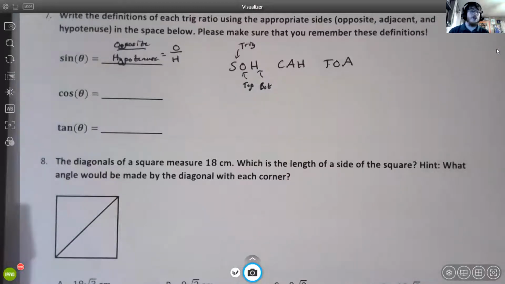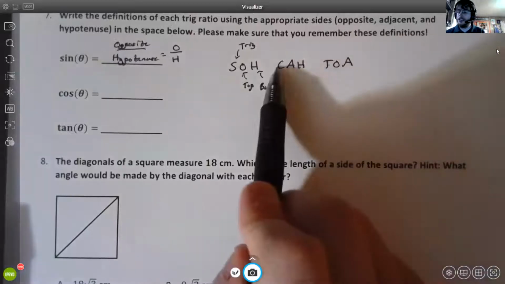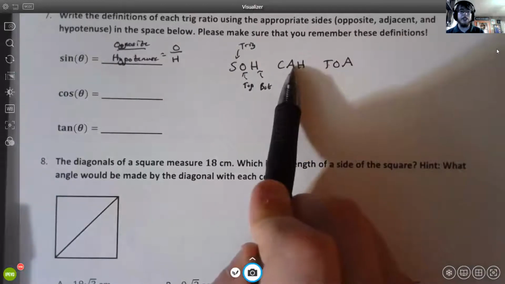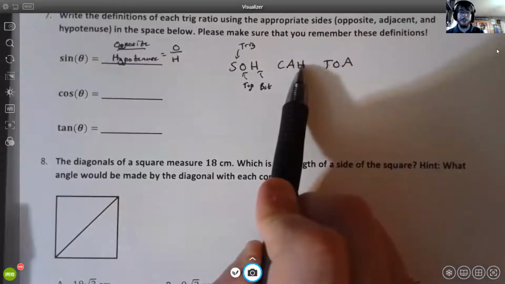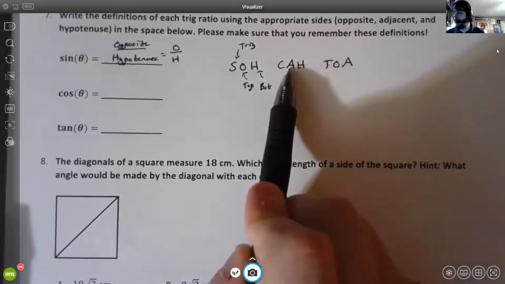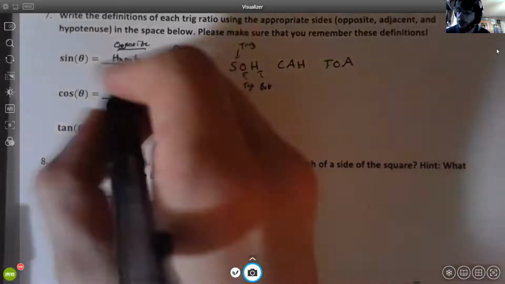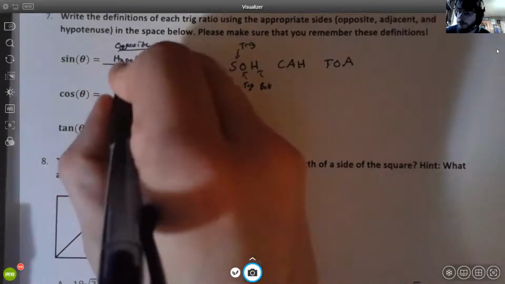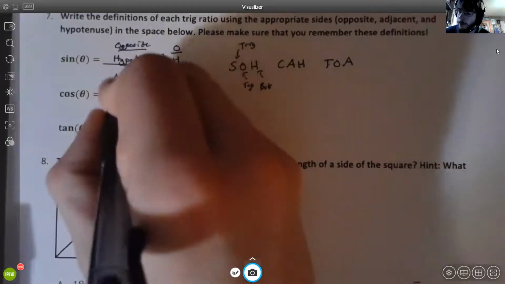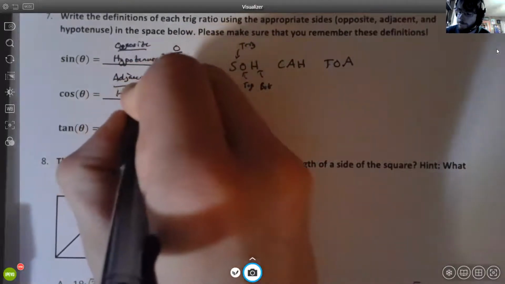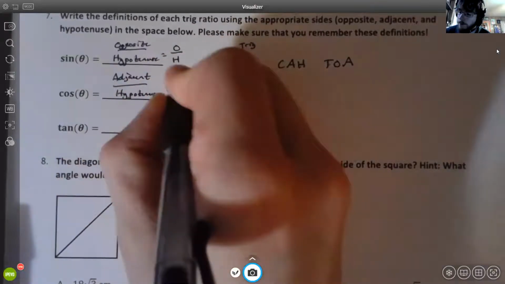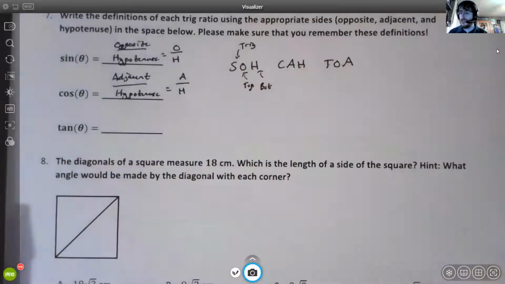Okay. Cosine of theta. C stands for cosine, and it says A over H. So adjacent over hypotenuse is cosine. And then finally, tangent of theta.